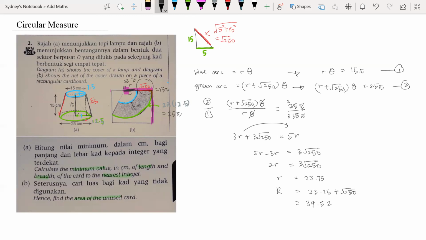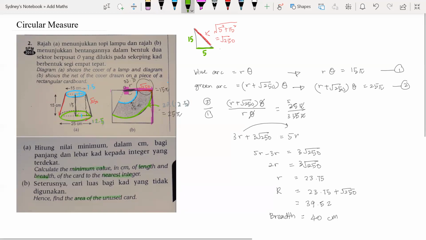Okay, and notice that the radius of the big sector will be the measurement of the breadth. Therefore, the breadth, okay, the minimum breadth will be 40 cm because we want to round it off to the nearest integer, okay?